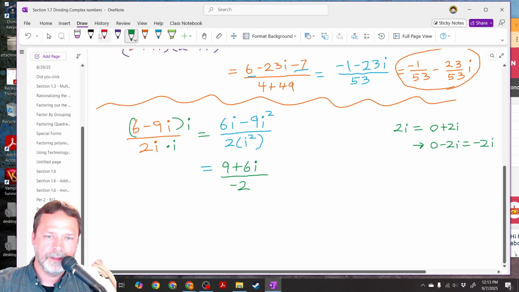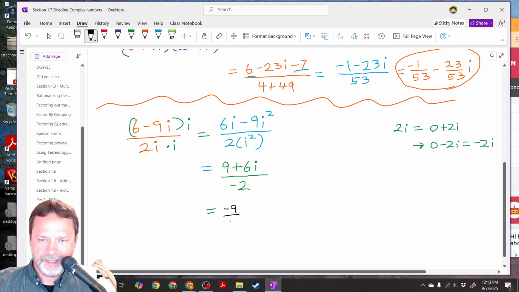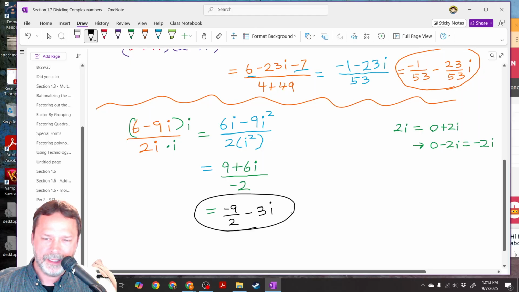Then distribute that negative 2 in. So what I get is negative 9 halves, and then positive over negative is negative, so minus 6 divided by 2 is 3i. And there it is. Once I got it in a plus bi form, that's my answer.